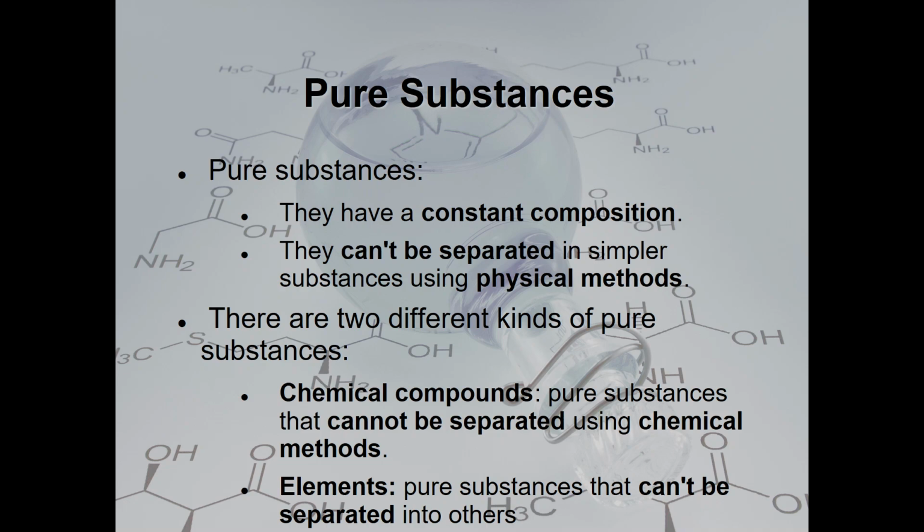Pure substances have constant composition. They cannot be separated into simpler substances using physical means. There are two different kinds of pure substances: chemical compounds and elements.